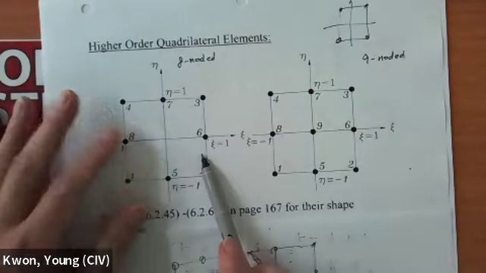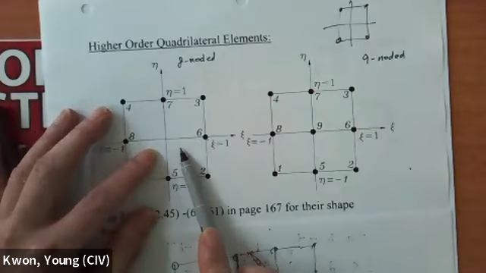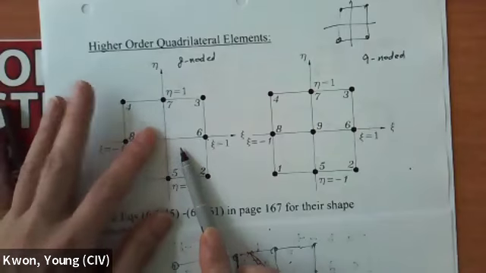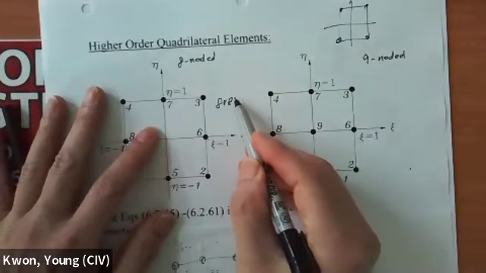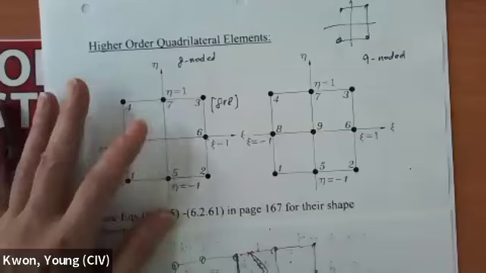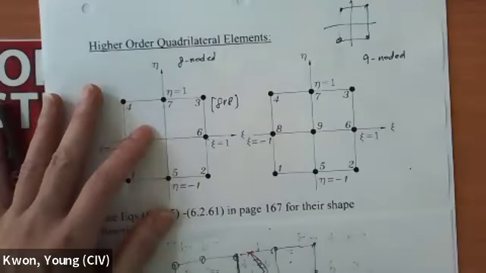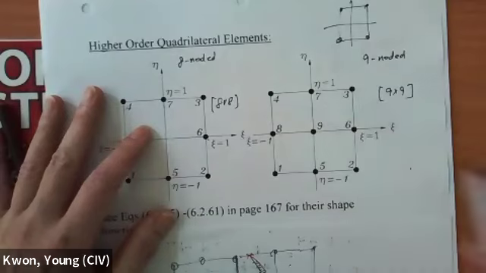So in other words, the bottom line is this. If you construct the element matrix, for example for the Laplace equation, this is going to give you an 8 by 8 matrix, because you have 8 nodes in the element, and each node has a single degree of freedom. This one will give you a 9 by 9 matrix.